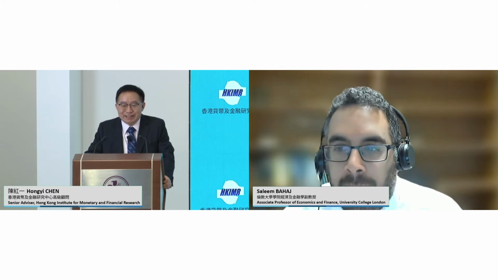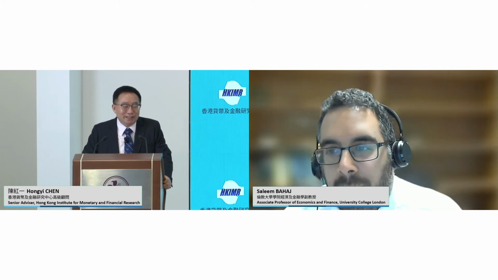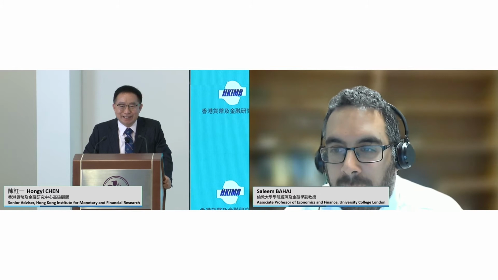So let's have a couple of questions before you end this presentation. I can see in your presentation, you mentioned Governor Zhou Xiaochuan said China's swap line is basically promoting trade.